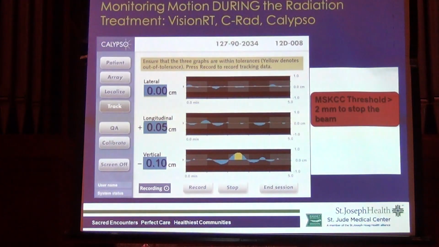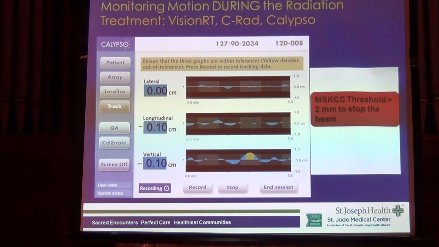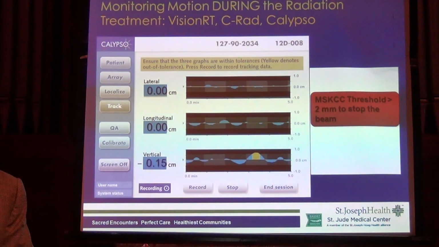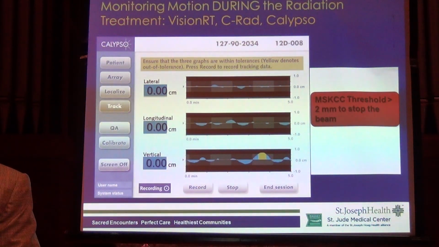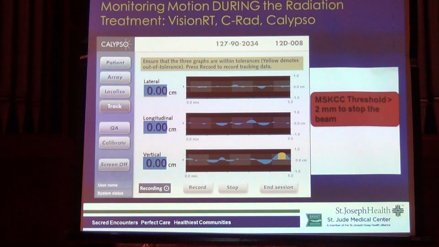There's a bunch of different ways of doing that, and this is an example of as the patient moves through, this is the amount of movement they have, and this is what the therapist is looking at. They have the ability to turn the beam off, and where we're going in the future is the machines will have the ability to move with the patient, so you don't have to stop the treatment.